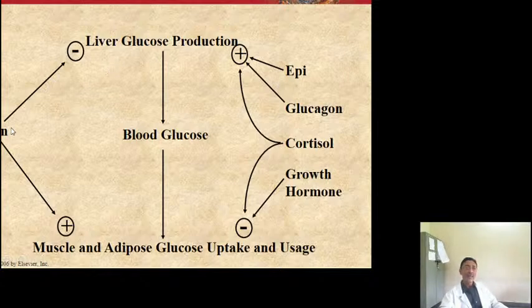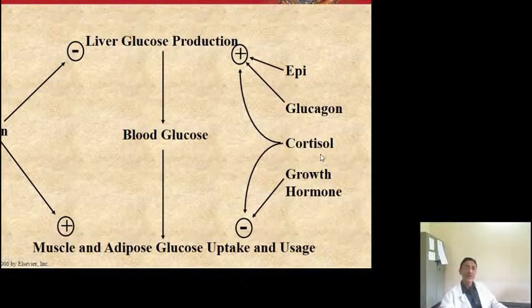Whereas there are certain anti-insulin hormones, epinephrine and glucagon. These two hormones act directly, causing an increase in liver glucose production and thus increased blood glucose. So epinephrine and glucagon act on one aspect, increasing glucose production in the liver.